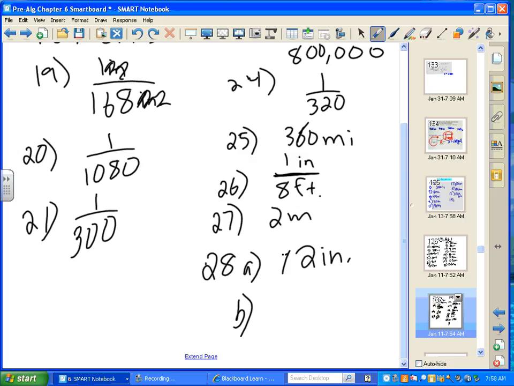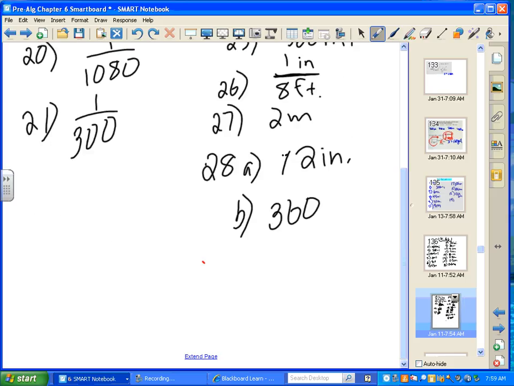360. So 28A, who can tell us 120 yards is how many inches? Let's start there. Charles? So tell me though, what did I say? 120 yards is how many inches?